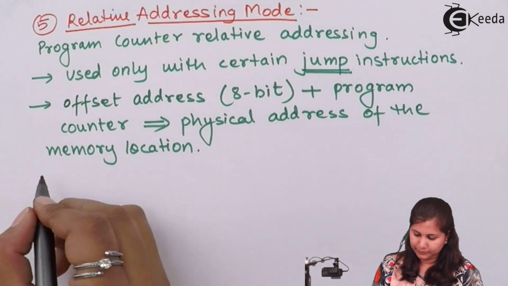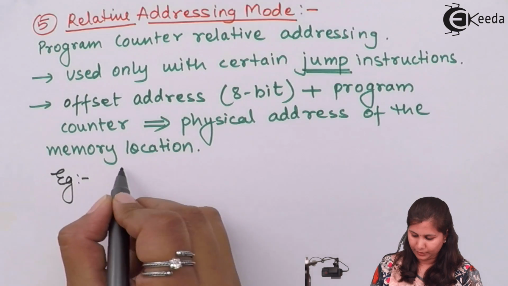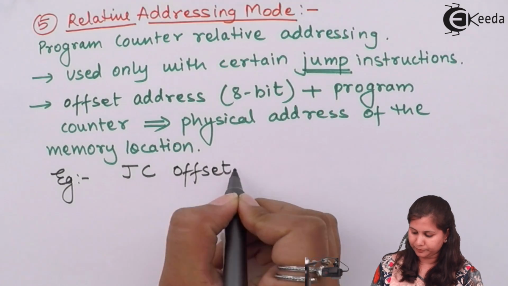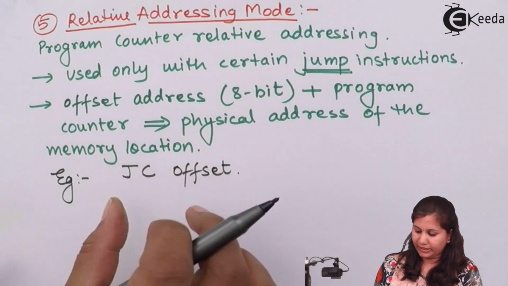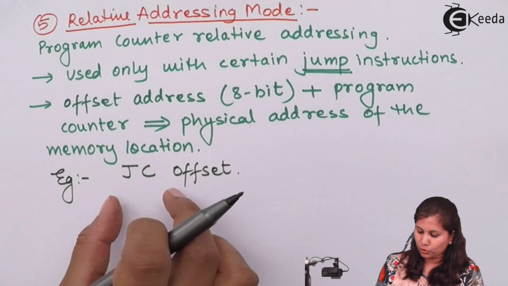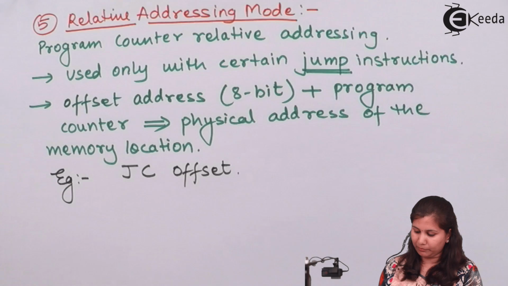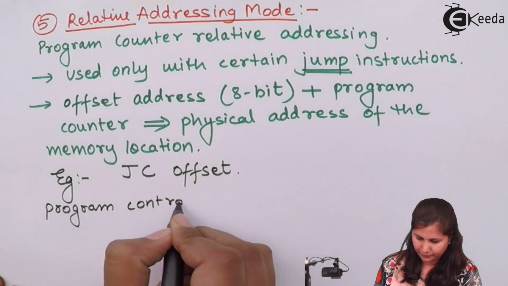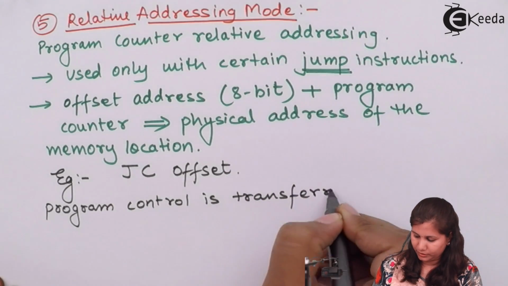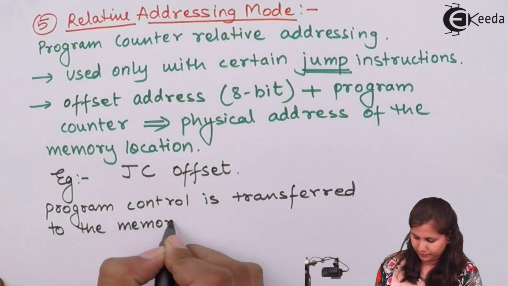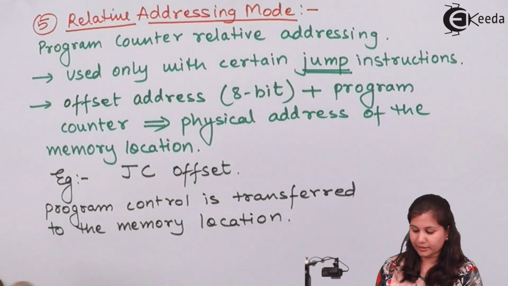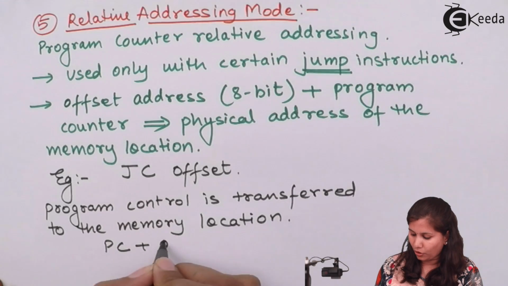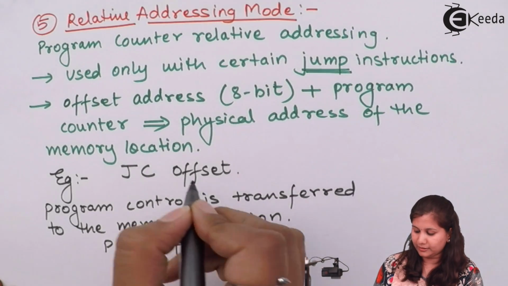If we take an example here, suppose it is written that JC and then the offset address is given. Now when this instruction is written in the main program, the microcontroller is going to jump to some memory location. The address of that memory location is obtained by adding the contents of the program counter plus the offset value which is there in the instruction.